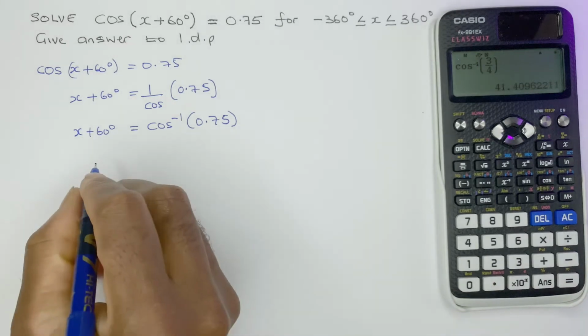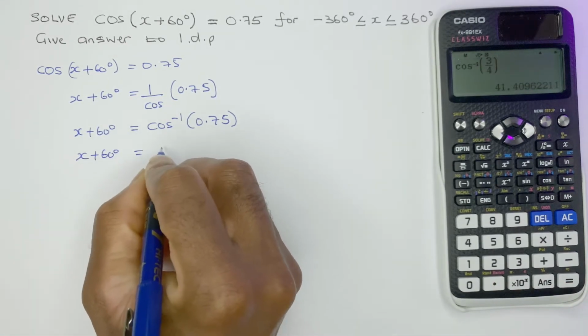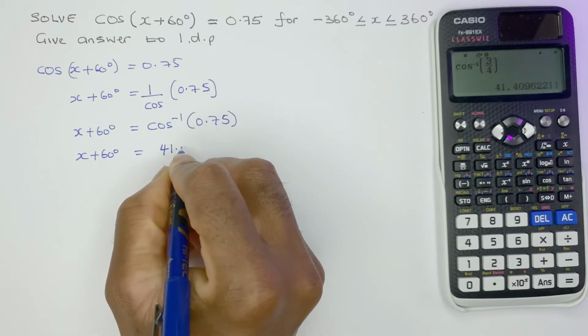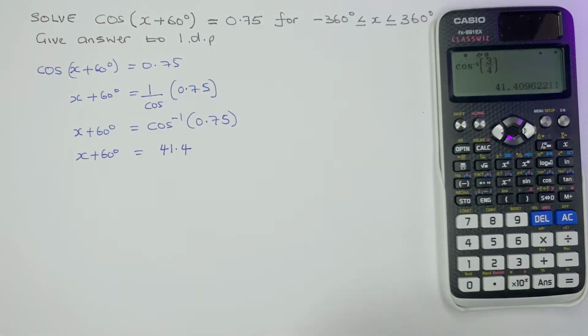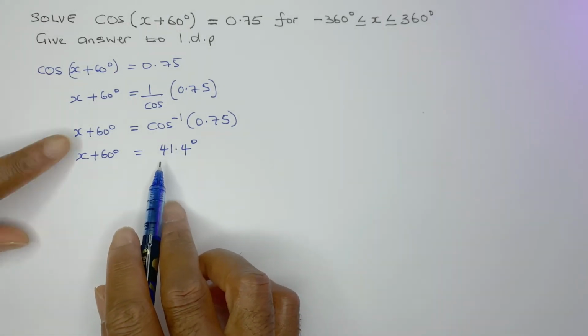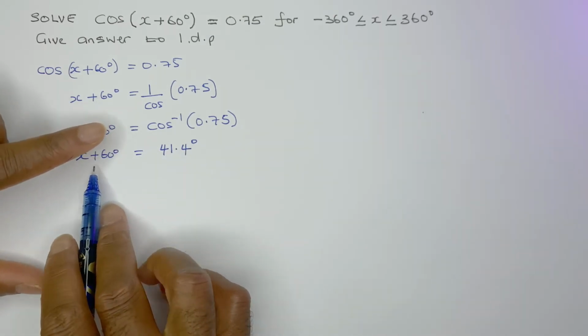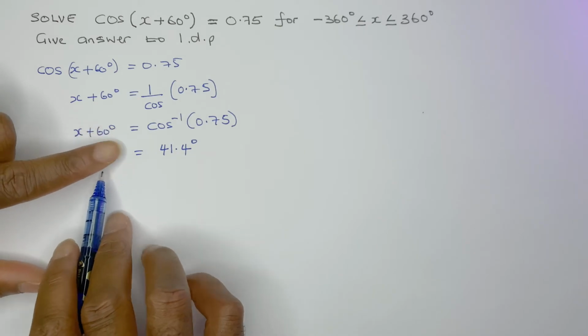So the angle for that is x + 60 degrees equals 41.4 degrees. It might be better to solve it for 41.4 degrees before you take away the 60. So don't take away the 60 yet.